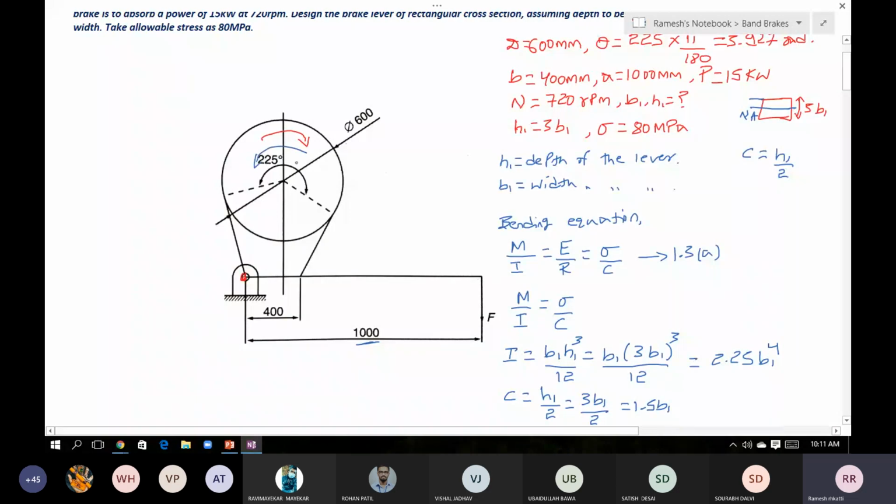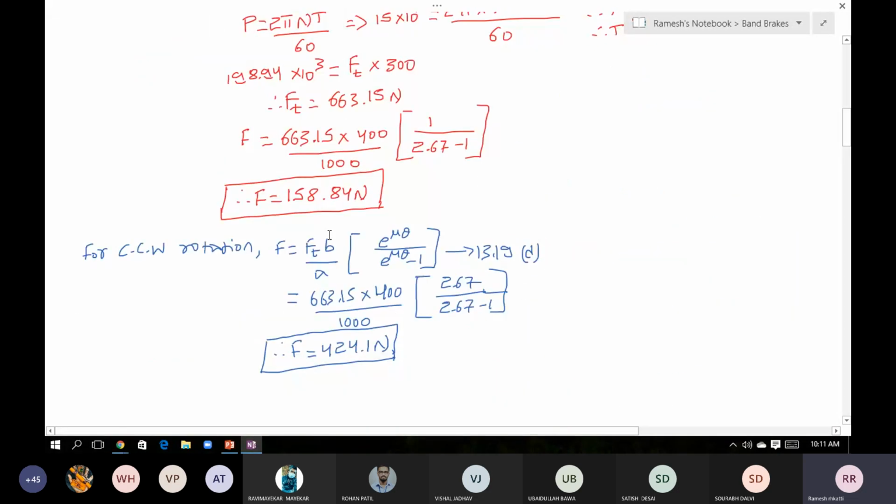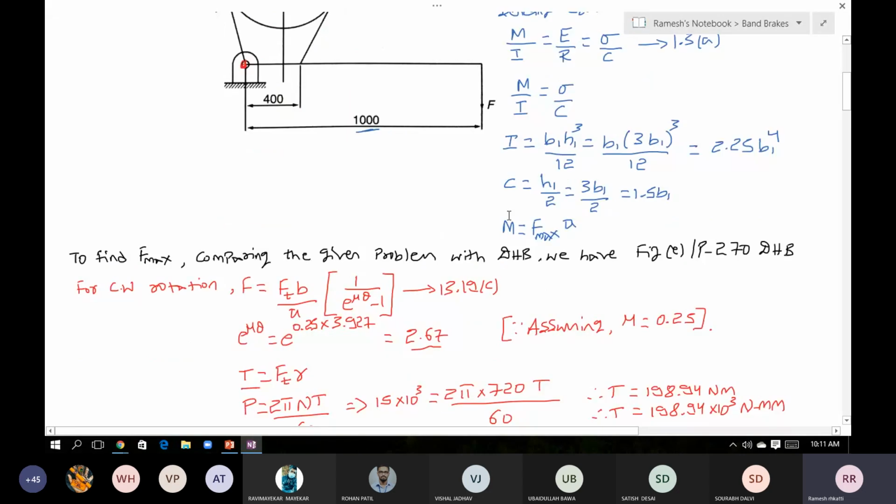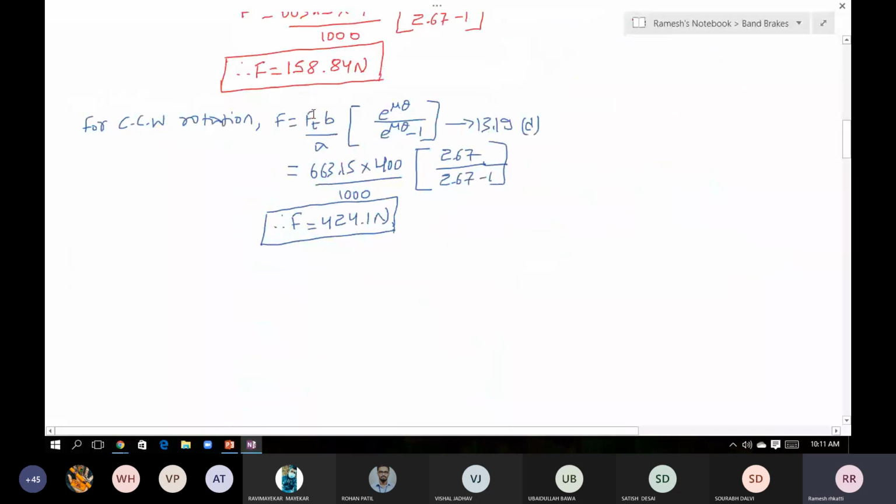You have to compare both of these. Whichever is maximum has to be taken to calculate M. M is equal to maximum force into A. In both cases, one is 158, the other one is 424, so the maximum force is 424.1 Newton.